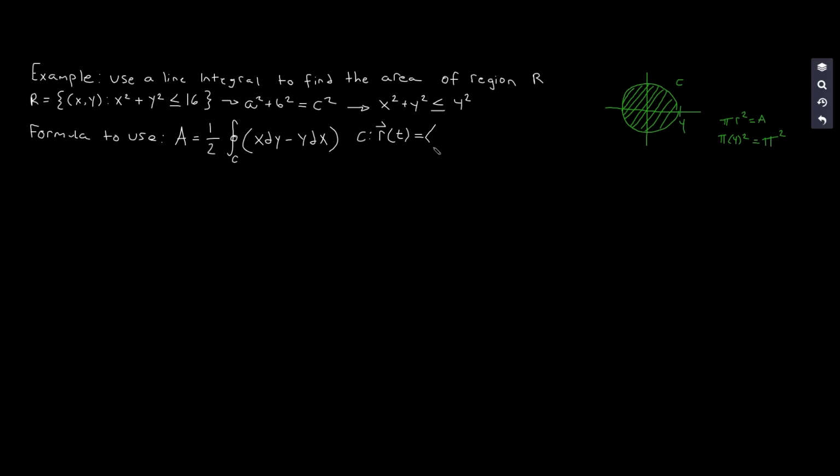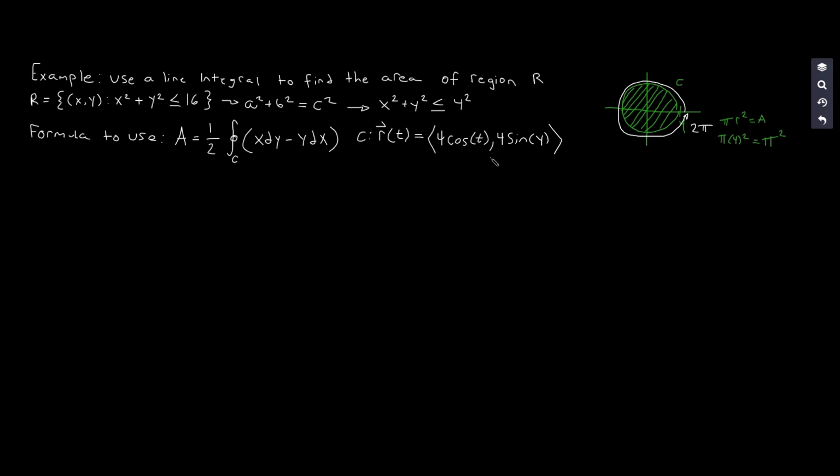The radius is 4, squared is 16. So we'll put a 4 as a coefficient for the cosine, which is the x coordinate, and a 4 as a coefficient in front of the sine, which is the y coordinate. And a full revolution around this is going to be 2 pi.